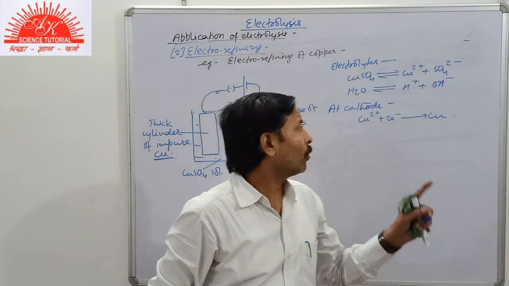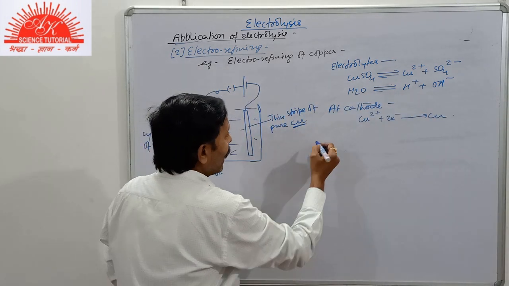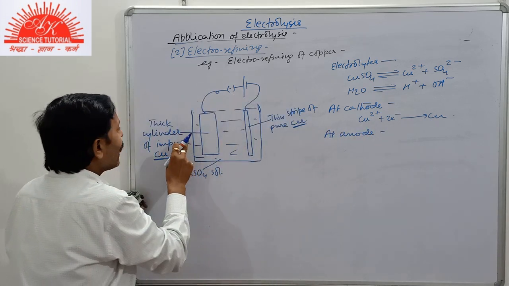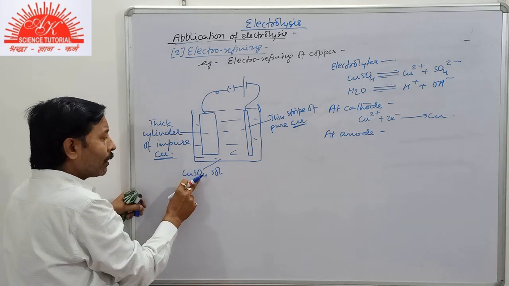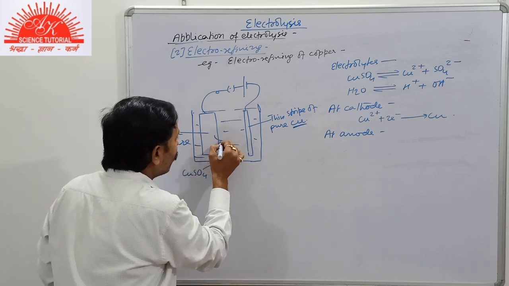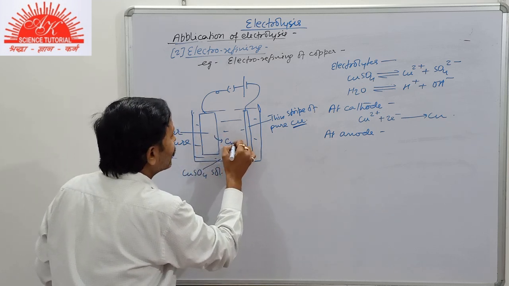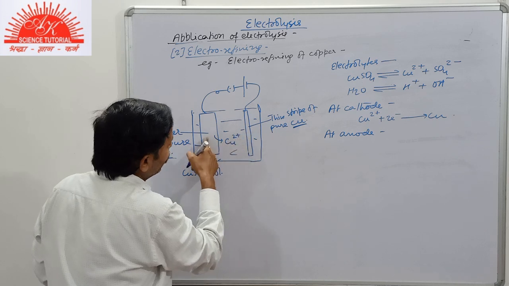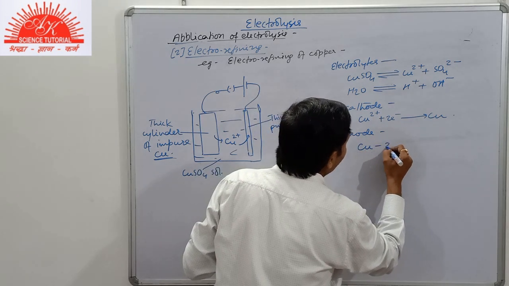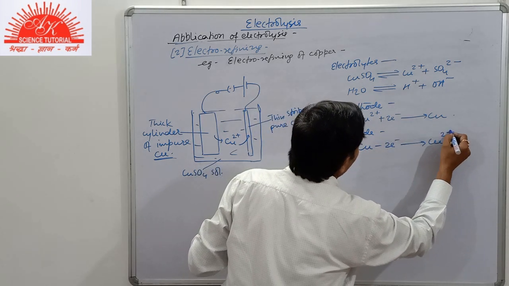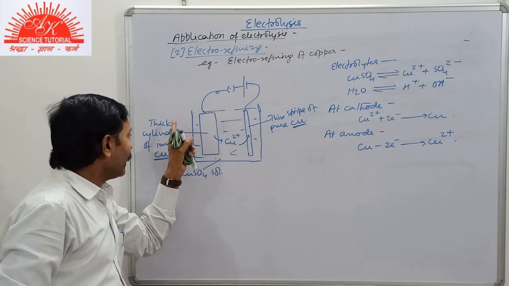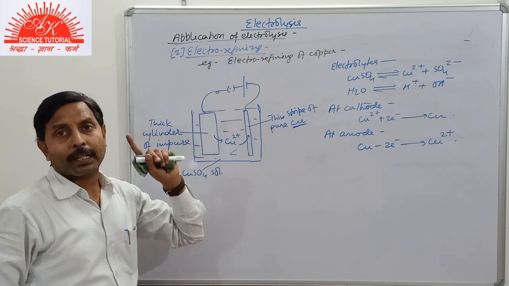Copper metal is deposited over this, and at the same time you see here we have an attackable electrode because the salt solution is of copper and the anode is made up of copper. So from here we see that Cu2+ ion from anode enters into electrolyte and then is deposited here. So attackable electrode. So just you see that copper metal from anode is transferred to the cathode.